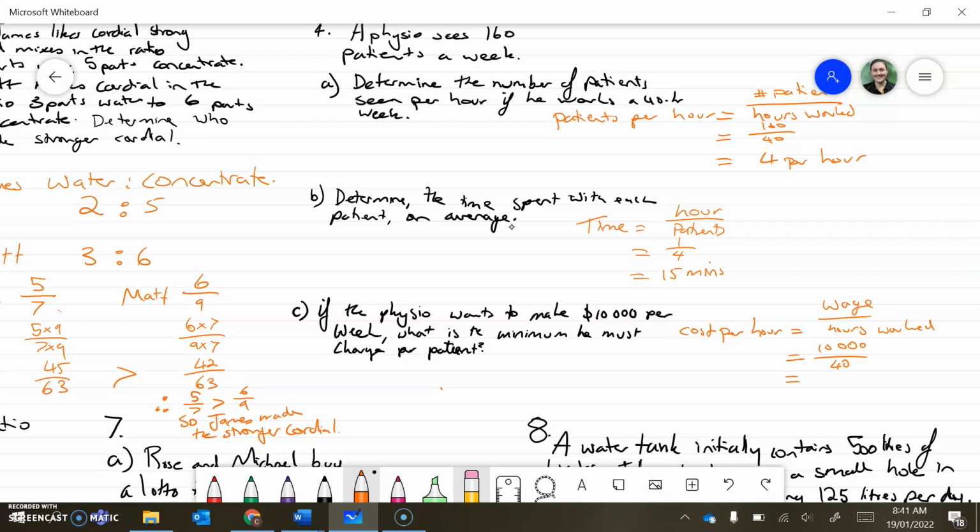So 10,000 divided by 40 is 250. So he needs to earn $250 per hour. If he sees 4 patients per hour, cost per patient is going to be 250 divided by 4, which is $62.50.